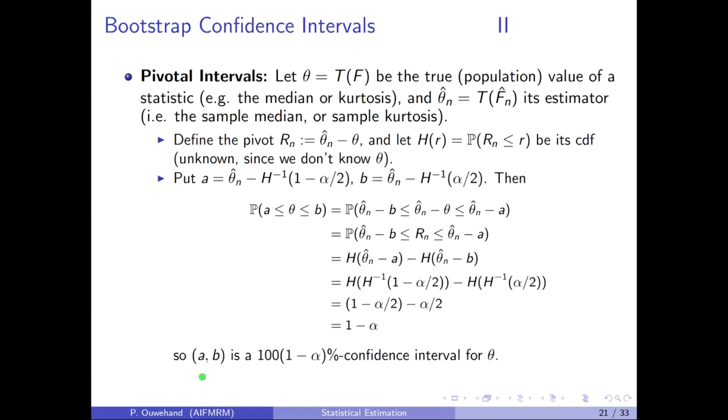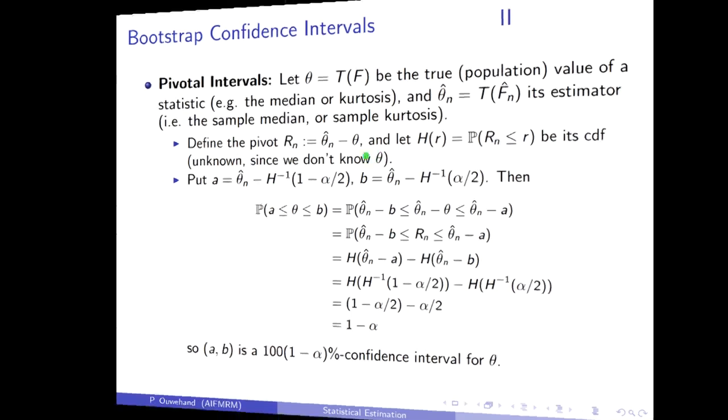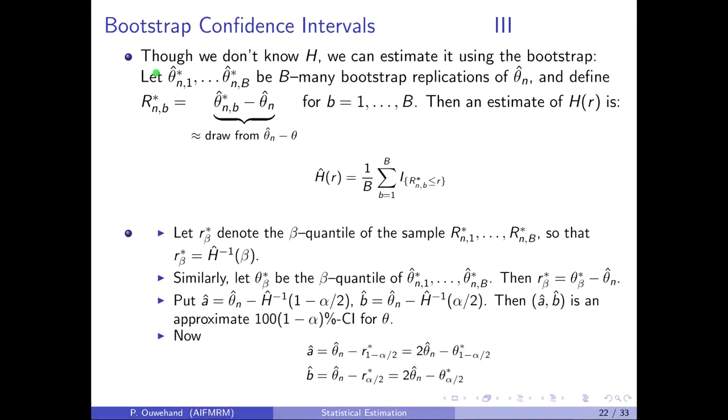However, we still do not yet know who A and B are, because we cannot compute H, and we cannot compute H because we do not know theta. Now, though we don't know H, we can try to estimate it using the bootstrap. Let theta hat star n1 up to theta hat star nB be B many bootstrap replications of theta hat n, and define R star nb to be equal to theta hat star nb minus theta hat n.